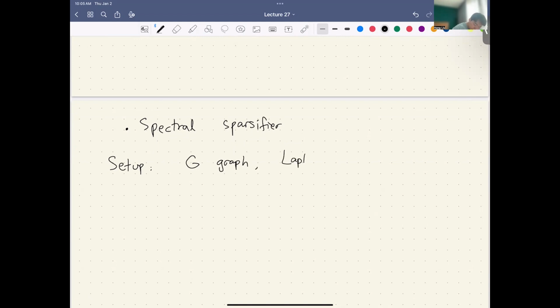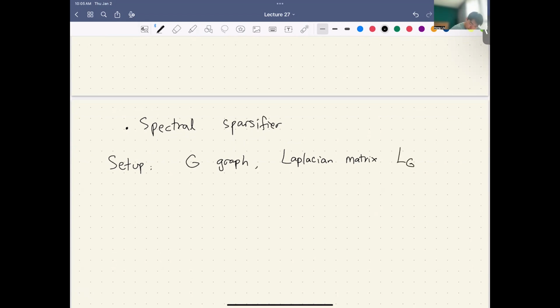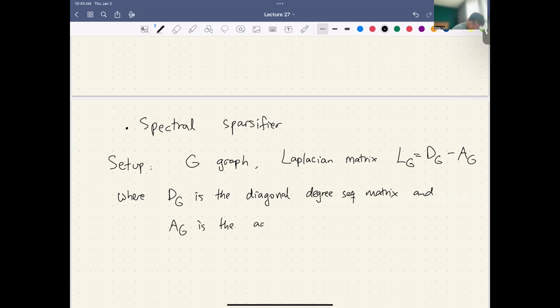The Laplacian matrix LG is nothing but, you take a diagonal matrix where the diagonal entries are the degree sequence of the graph G and subtract from it the adjacency matrix of G, where DG is the diagonal degree sequence matrix and AG is the adjacency matrix.